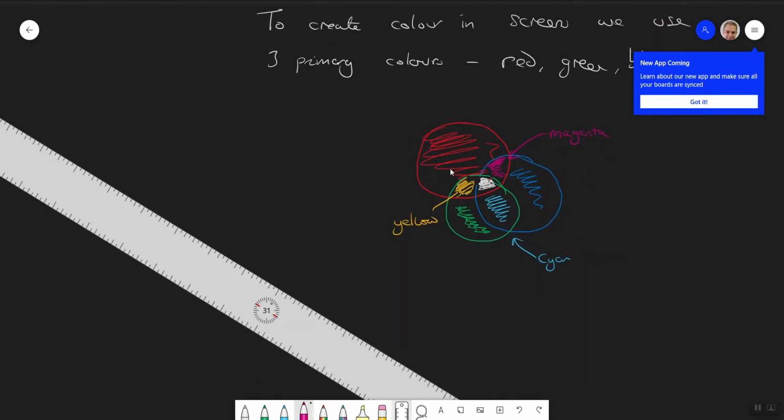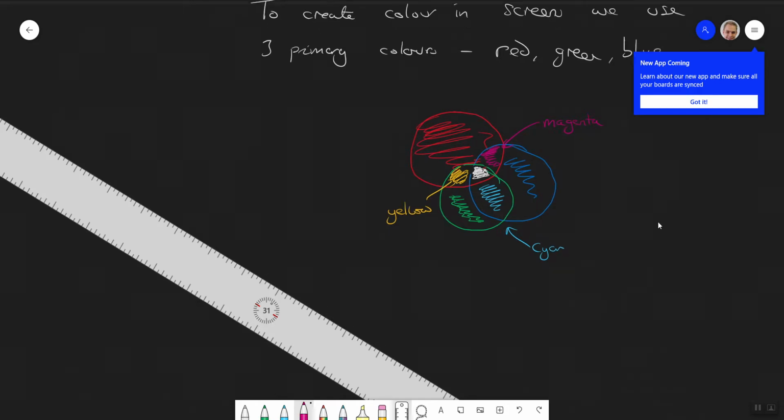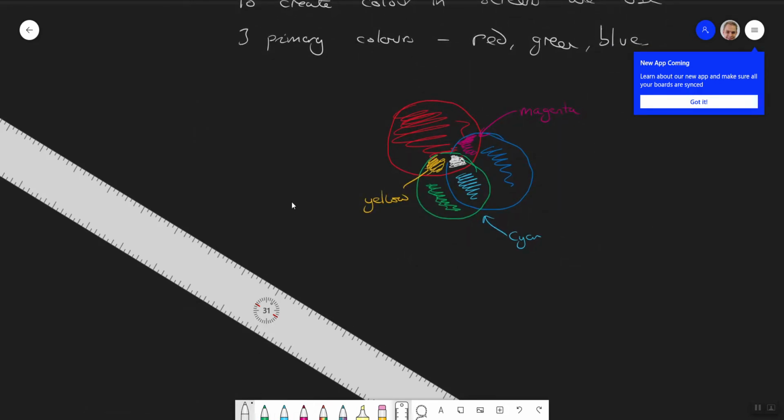So what we have are the three primary colors, red, green, and blue. And when they overlap, we have the three secondary colors, which are yellow, cyan, and magenta.